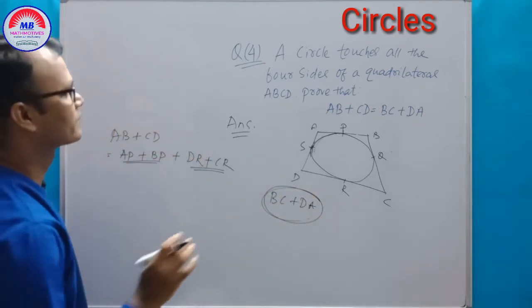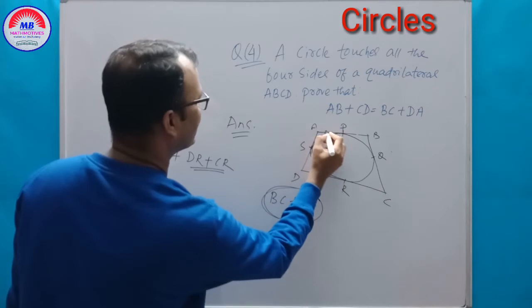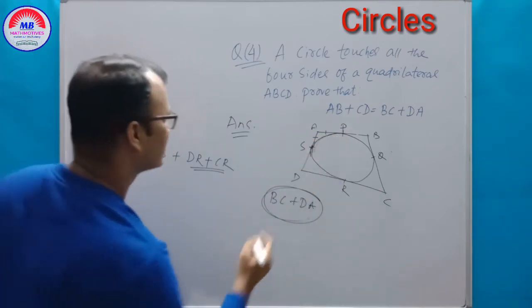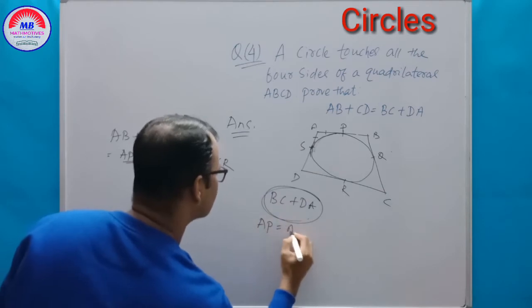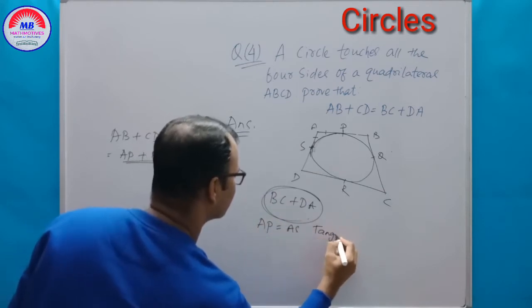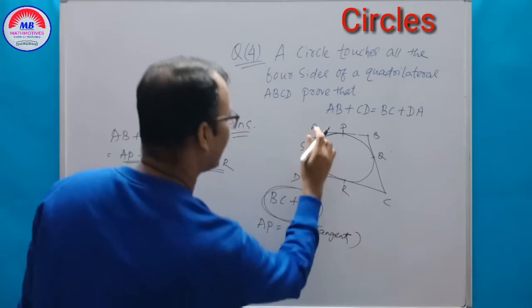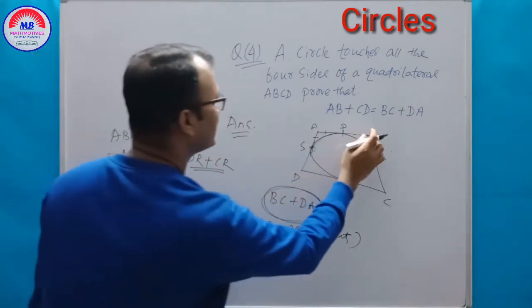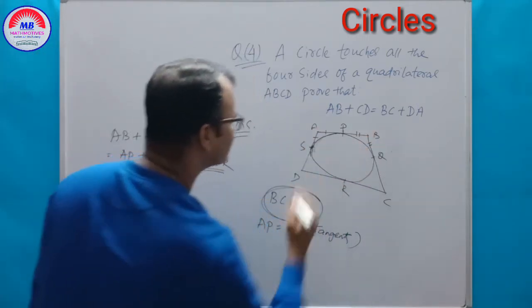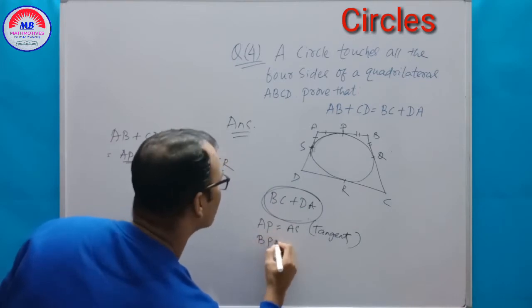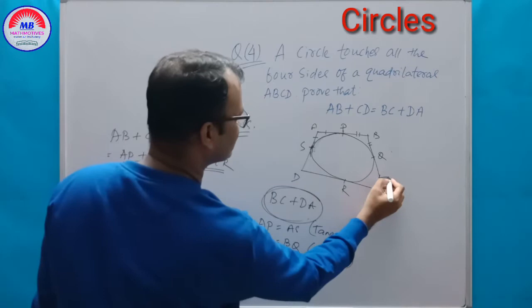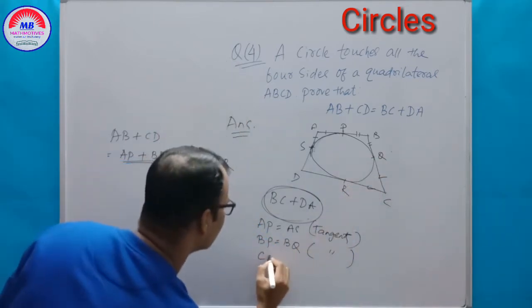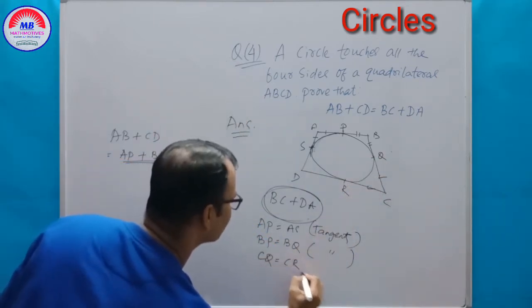Now you see from point A there are two tangents, AP and AS. So first you can write AP equal to AS, tangents from A. Similarly from B there are two tangents, BP equal to BQ. From C, CQ equal to CR.